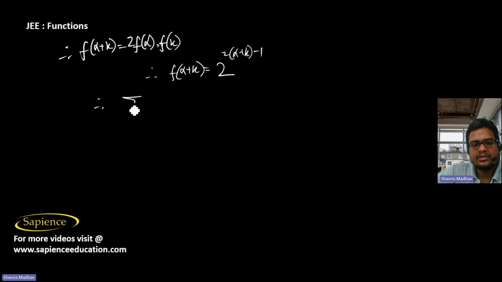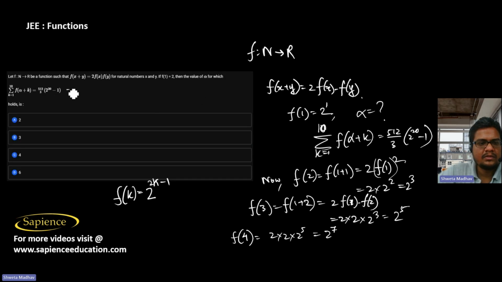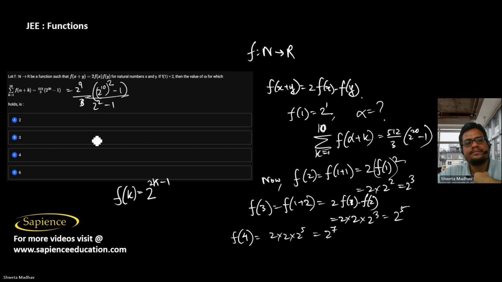So therefore summation k from 1 to 10 of f(alpha + k) is given as 512/3 times (2^10) whole squared minus 1. I can write 512 as 2 power 9, and this 3 I can write as 2 power 2 minus 1 also.